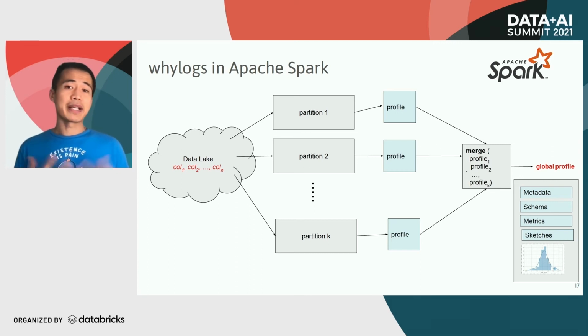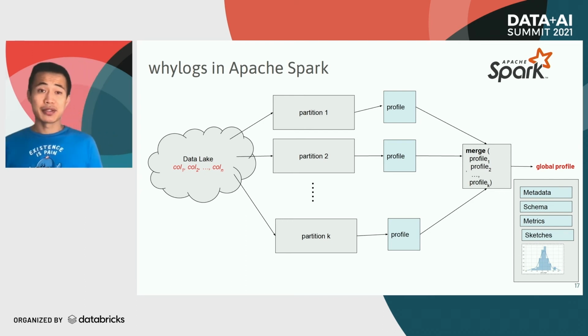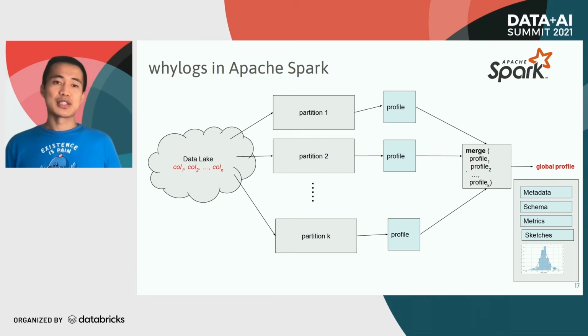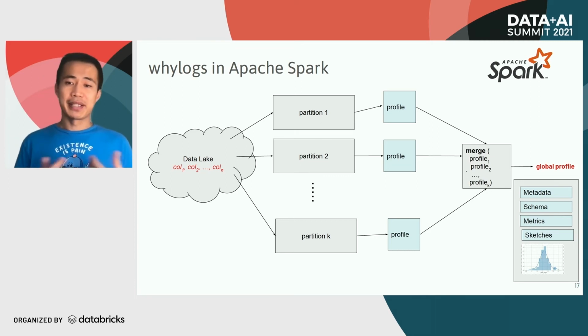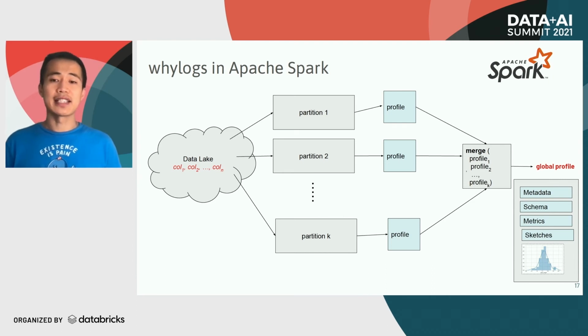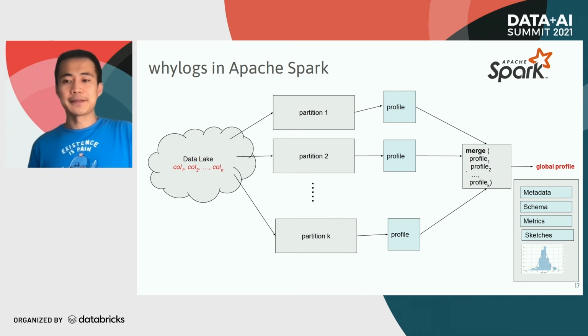You can even break it down by group by key so that you get a slice and dice view of your data as well. The final result can be stored either in whylogs direct binary form or in Apache Parquet, because the output is a Spark data frame object.